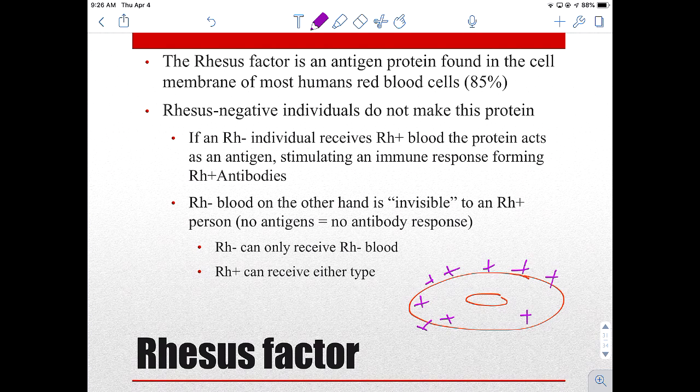It's missing. And so in that case, they do not have an antigen. And so they cannot create an antibody response. So if someone had Rhesus positive blood, but then they got a donation from a Rhesus negative individual, your body would not be able to identify that blood as an invader.